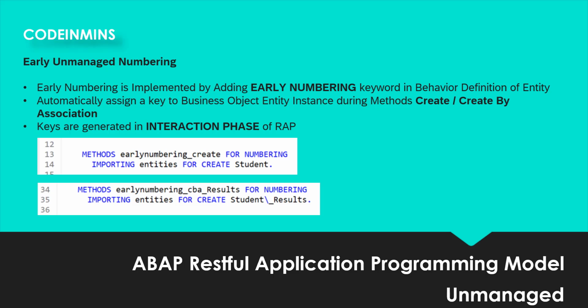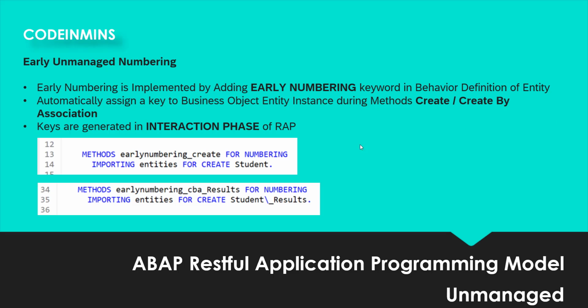If you have any association available, then this method gets generated: early numbering CBA, which stands for create by association, and your association name, which in our case is results. These are the two methods which get created when we activate our behavior definition.